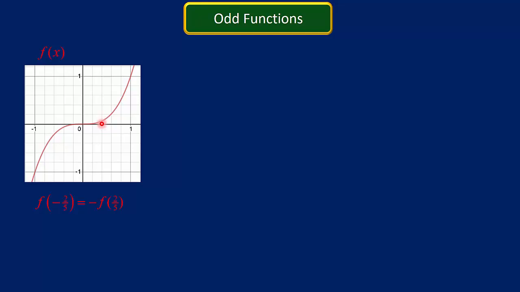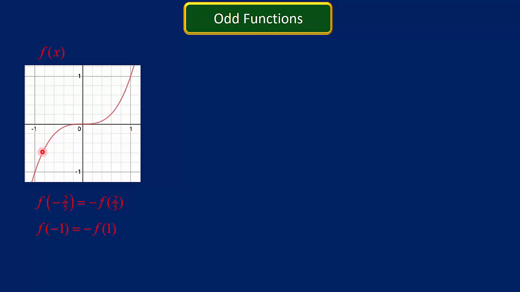See, over here at 2/5, I go up a little, and over here at negative 2/5, I go down a little, the same amount. Okay, now let's look at another value. Let's look at negative 1. F of negative 1 is here, and that's exactly opposite of f of 1. See, f of 1 is here, f of negative 1 is here.